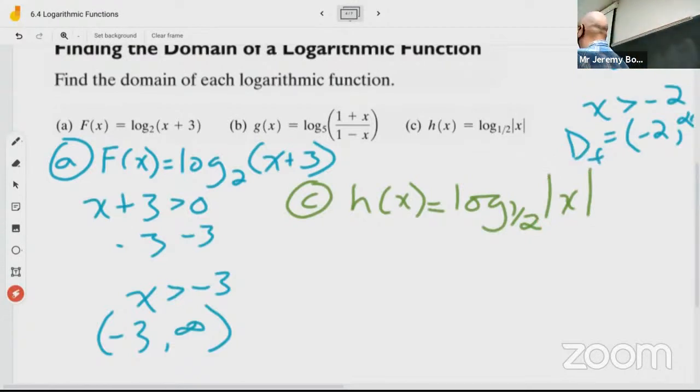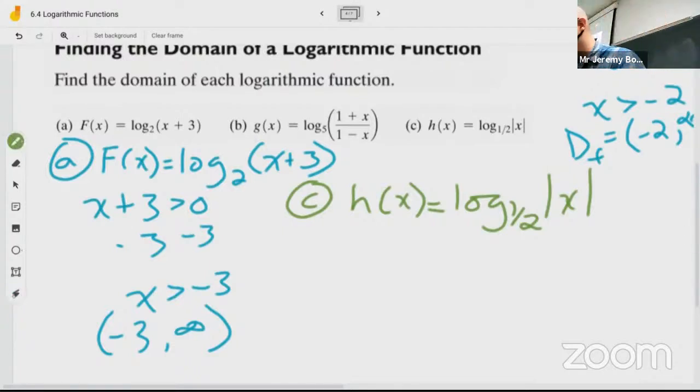Is there anything I can take the absolute value of x of, and it won't be greater than 0? What do you think? We can set it up and work it out.